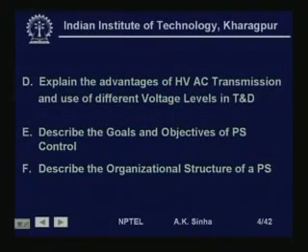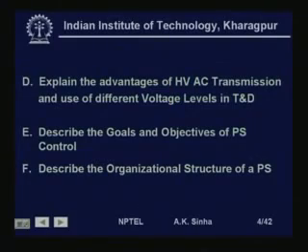You should also be able to describe some aspects of the organizational structure of a power system, especially with the new structures that are coming in. That is, the old, what we used to call vertically integrated system structure, is now giving way to the deregulated structure, where most of the components of the power system are unbundled. So we will talk a little about that.